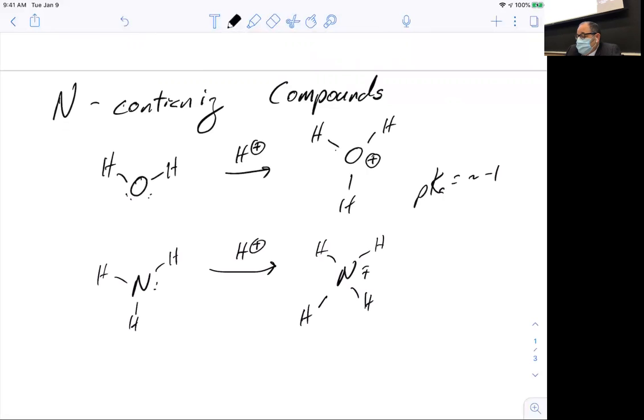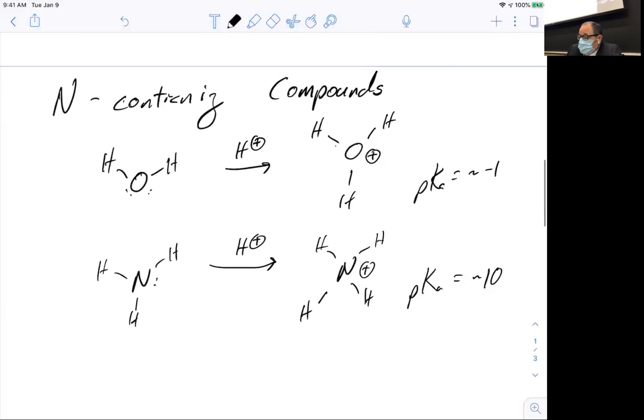We end up with a nitrogen positive, but the resulting pKa here is around 10. So one of the things that nitrogen containing compounds can be in biological systems is a way to transfer protons without an increased acidity.